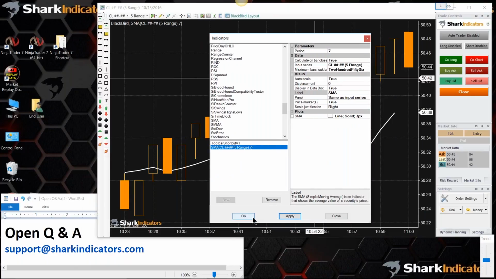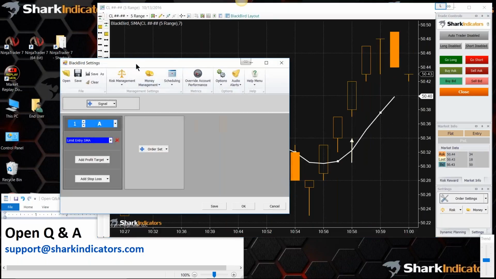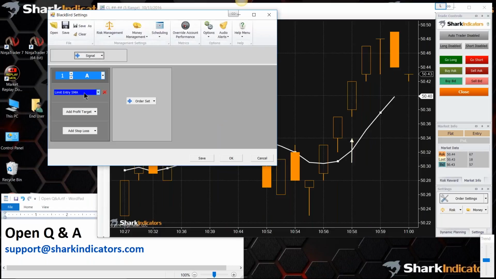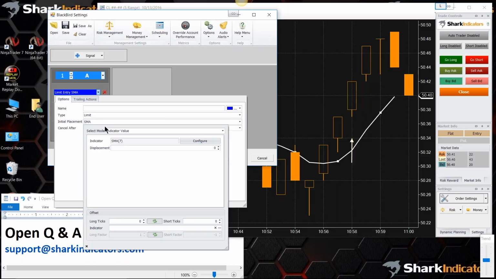Yeah, I think that'll work out for this example. All right, we have a 7 period SMA on there. So let's say we want our limit order to be set up at this SMA 7 period.